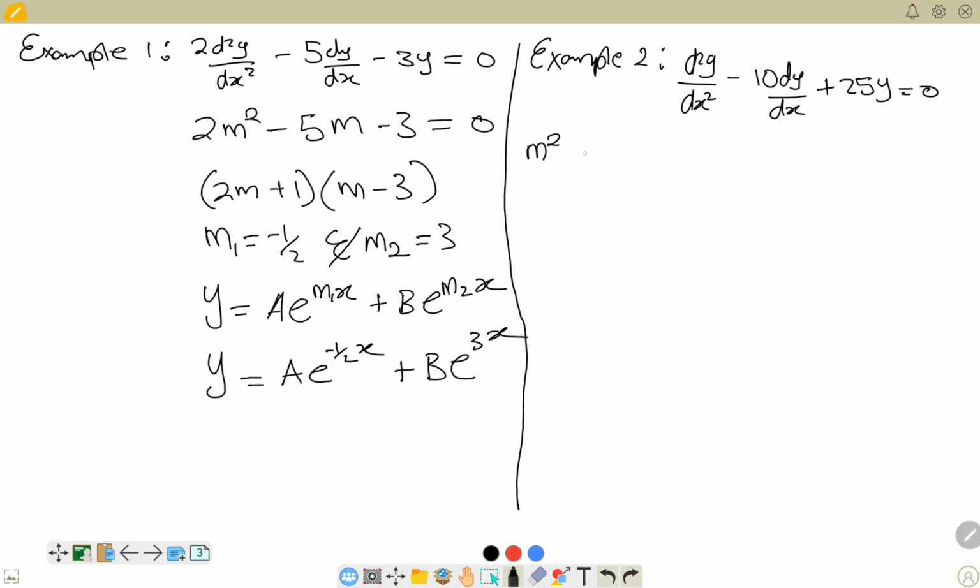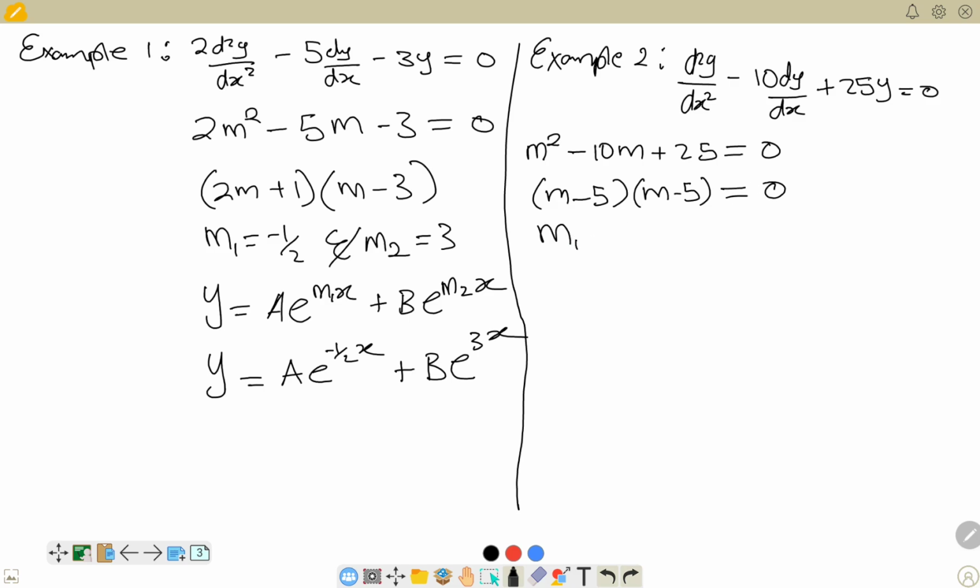So it's going to be m squared minus 10m plus 25. If I find the factors for this, it's going to be m minus 5, m minus 5, equals 0.